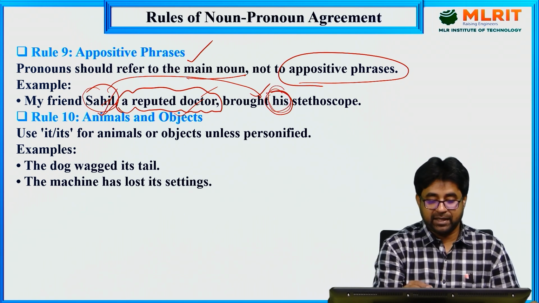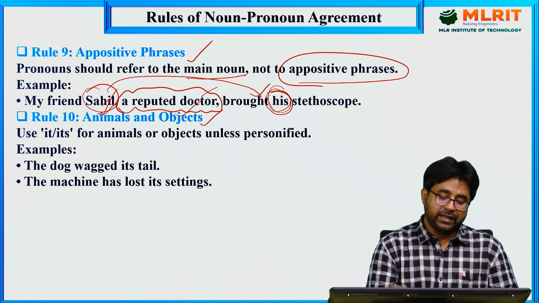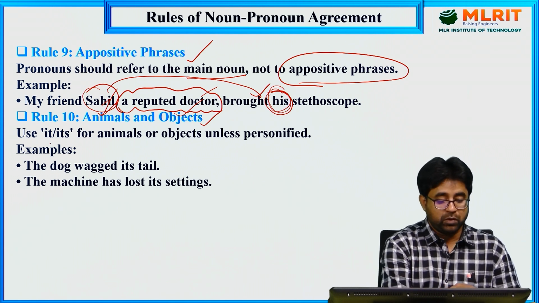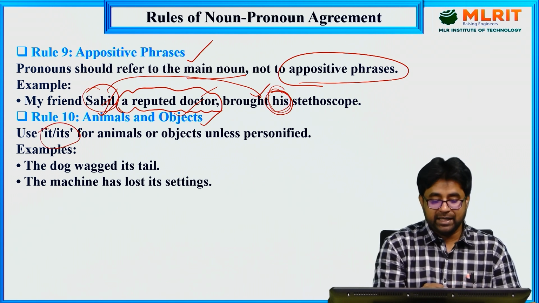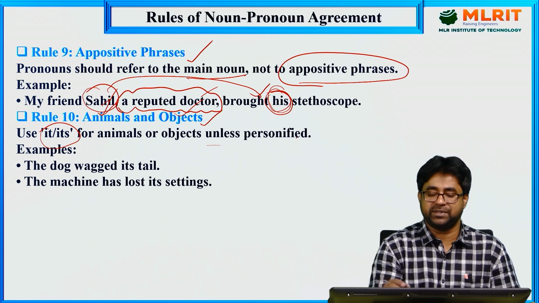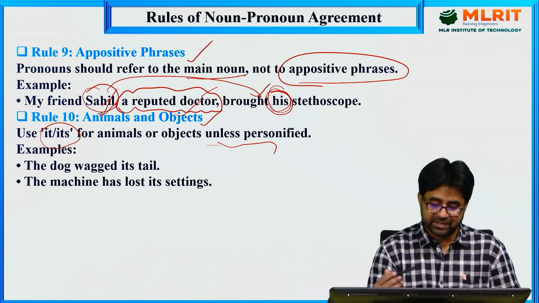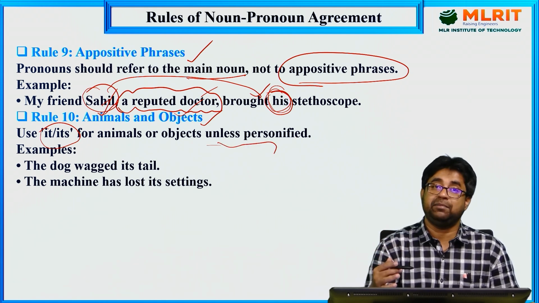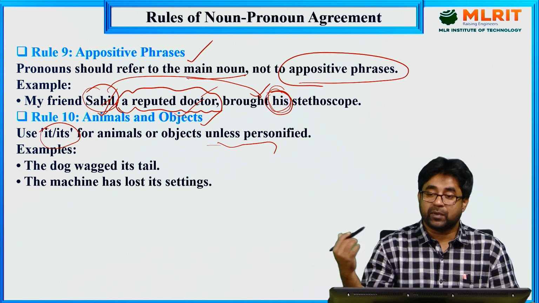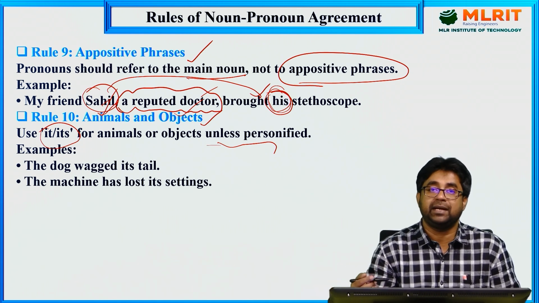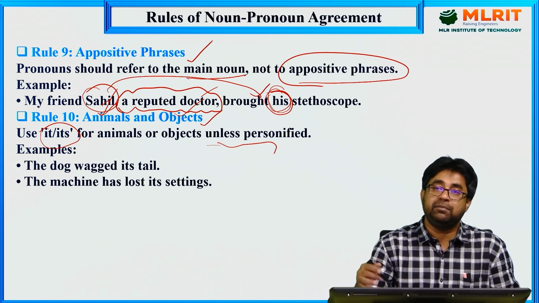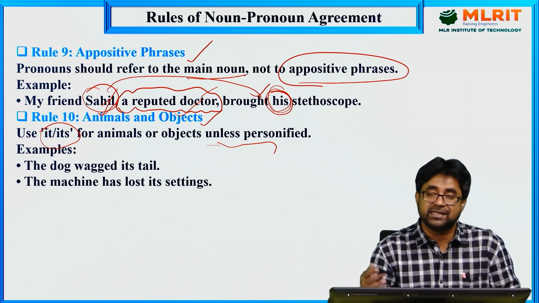I hope it's clear. Now, what do we do when we deal with animals and objects? We use either it or its for animals or objects unless personified. Personified means sometimes animals also can be introduced as a character, as a human character. They can talk. You can see certain stories, Jataka stories, if you remember. Animals talk among themselves. In those cases, they are personified.